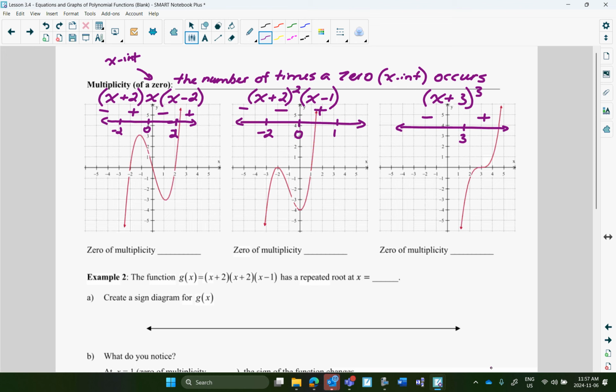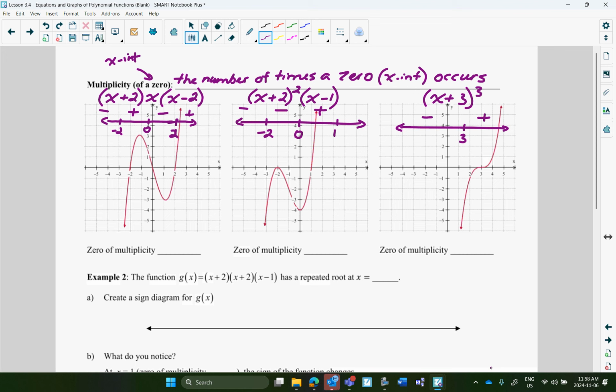So that means that this x-intercept of -2 here has a multiplicity of 2 because it occurs twice. This one has a multiplicity of 3. If it doesn't repeat, they all have a multiplicity of 1.